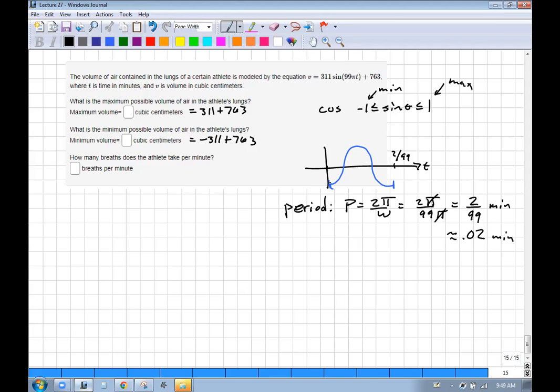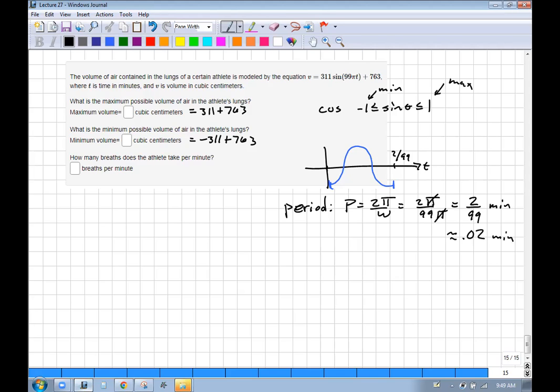Right? Because we want to go from, let's see, no air, he takes a breath, exhales, and that's not even a tenth of a minute. Well, I guess so. If I converted this to seconds, right?